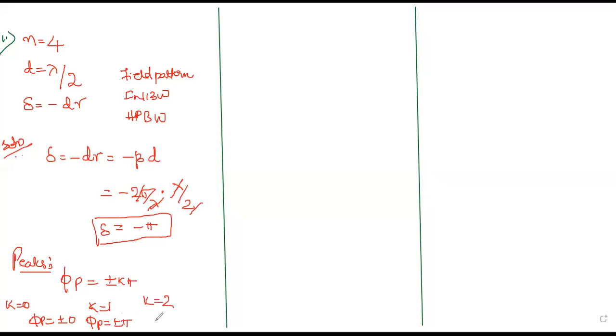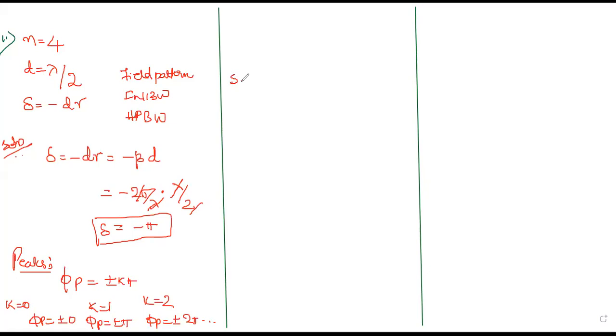K is equal to 2, phi p is plus or minus 2 pi. So it will go on. You have to get along the axis here, so it should be either 0, 180, 360. The same thing will repeat. So it is 0, pi, 2 pi. In the other case, you are getting pi by 2, 3 pi by 2, 5 pi by 2, plus or minus values. So this is about peaks.